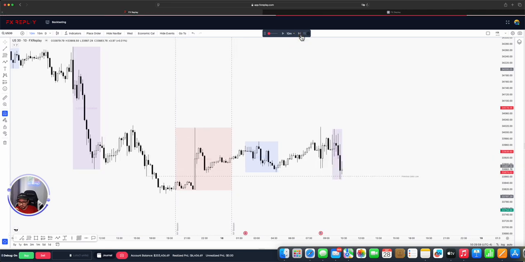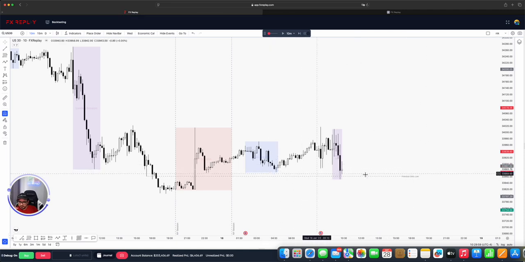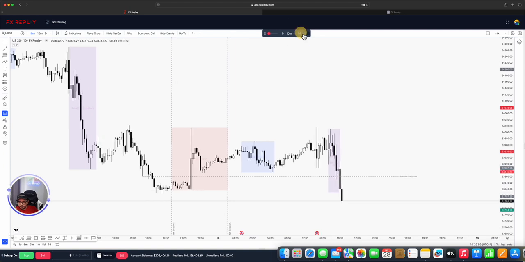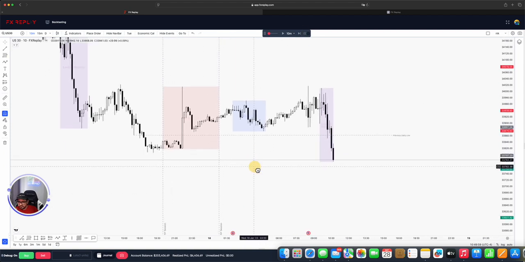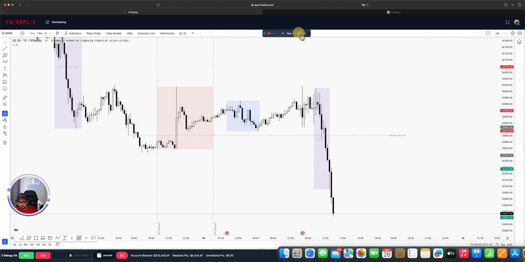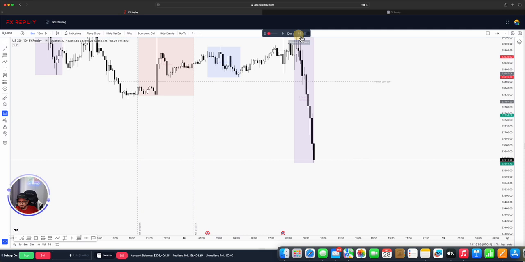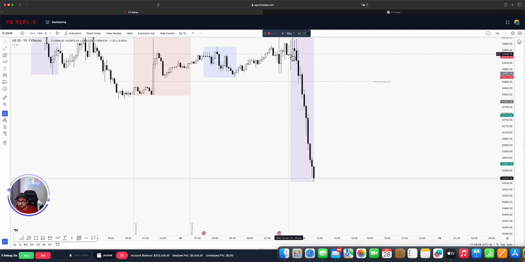NYC opens exactly as expected. It again retests the PDL, it manipulates the London low, and it also takes out the Asian lows. So then we wait for a bullish reversal in price to happen. Whenever you see this kind of bearish momentum, always wait for M15.